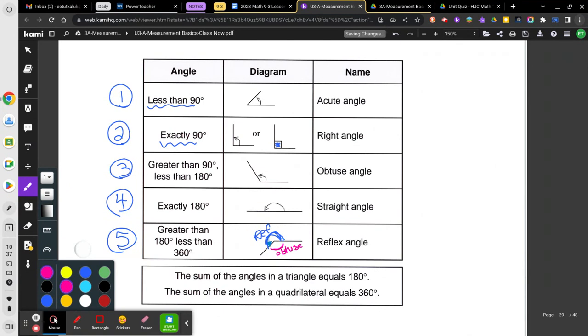So every angle that's obtuse has a reflex and vice versa. So if I draw an angle like this, this part is obtuse, and this back part here is going to be reflex. Okay, and what do they create all together? They create a full circle.